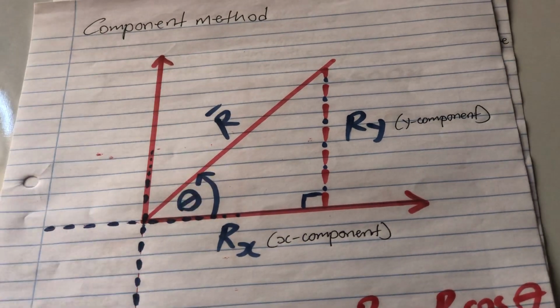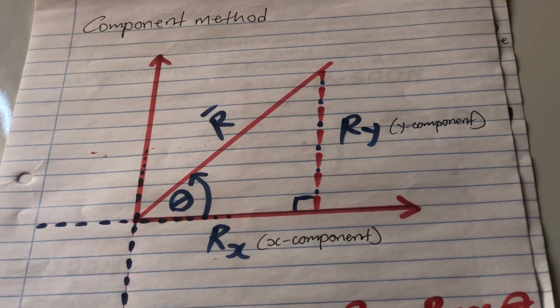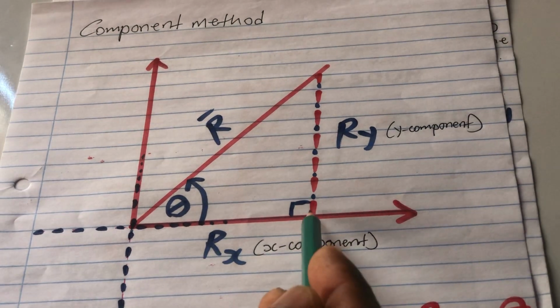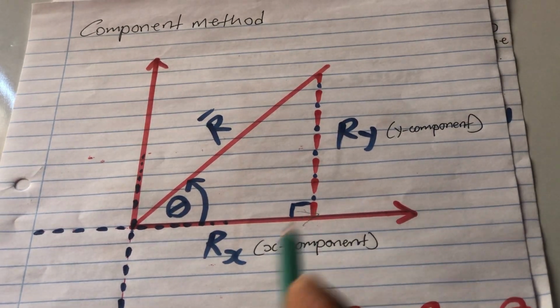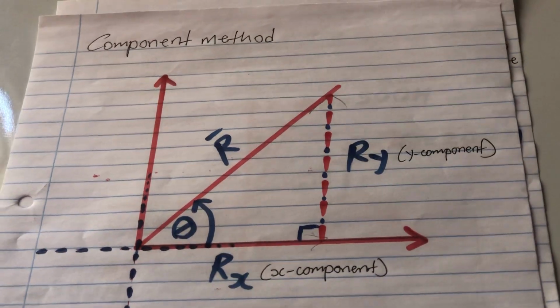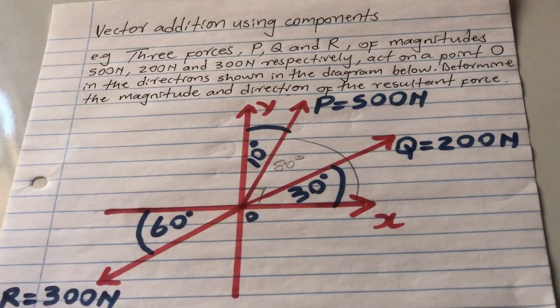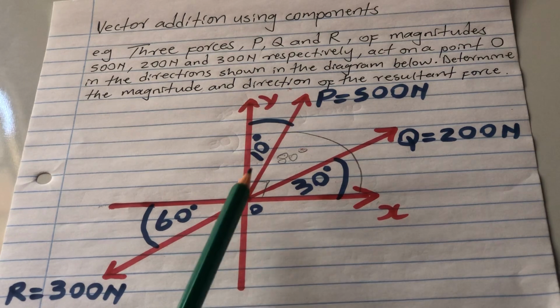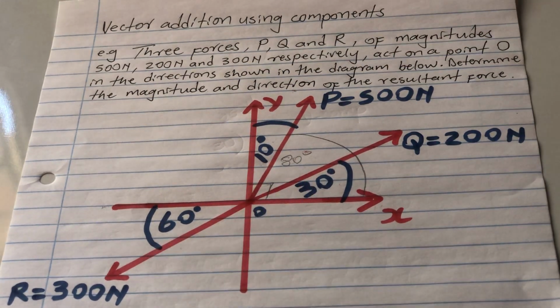If I'm talking about vectors, I can say this is vector Rx and this one is vector Ry. So in this one it is very simple to get the R. But in this case, we have 1, 2, 3 vectors.